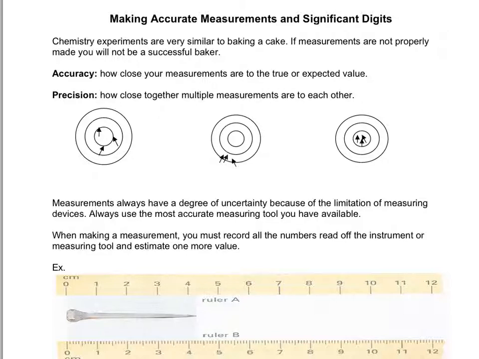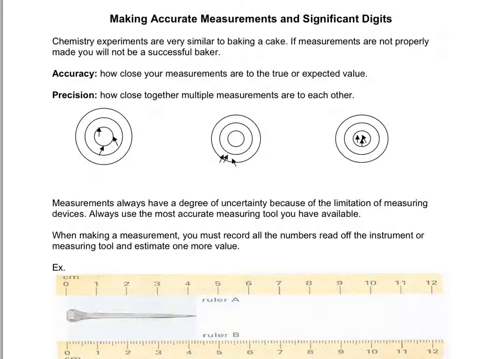In chemistry, we want to be both accurate when we take measurements, and we also want to be precise. There's a common misconception that these two terms mean the same thing. They, in fact, mean totally different things. Accuracy is defined as how close your measurement is to the true or the expected value. Another way of looking at it is, how correct is your measurement?